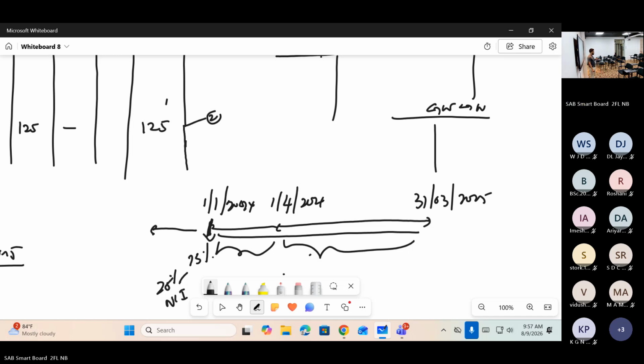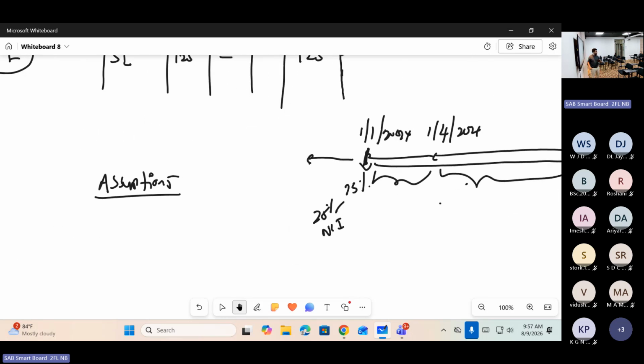Once it says 75%, go and put an assumption here. We don't know if they have the control, right?